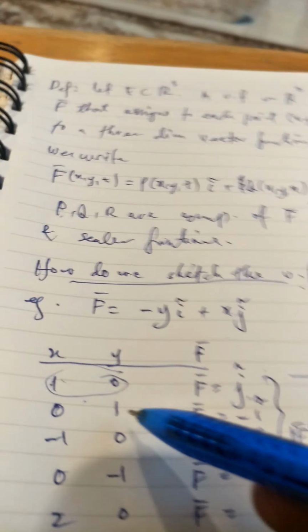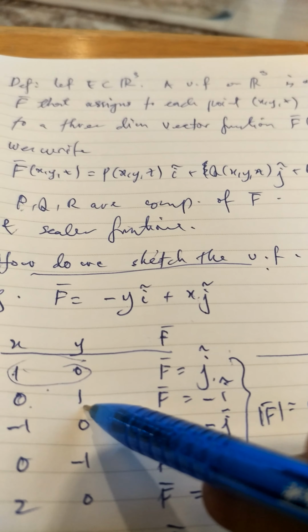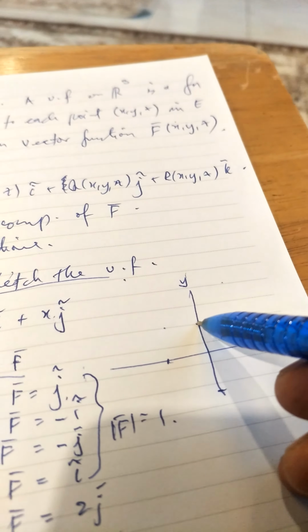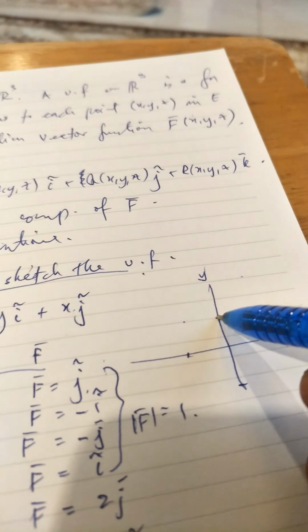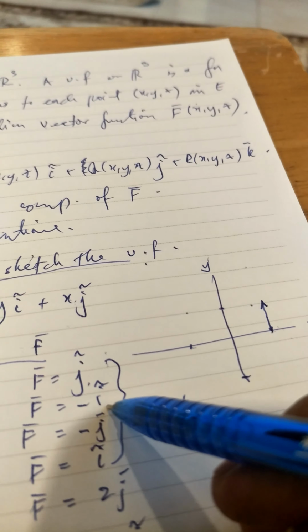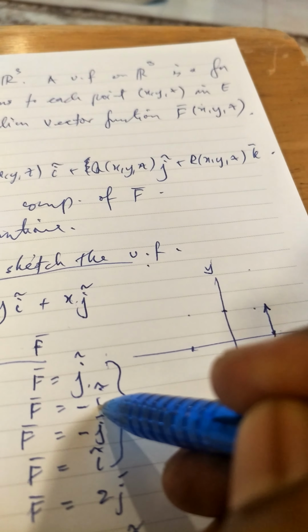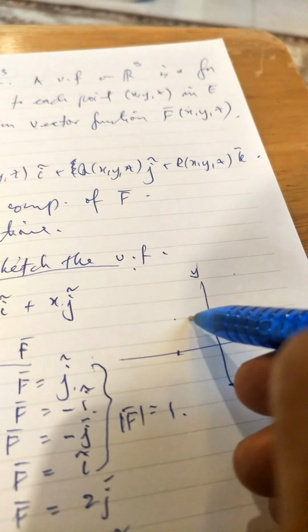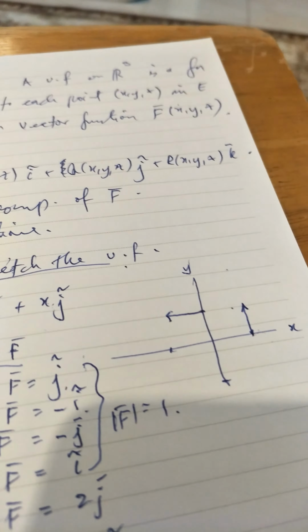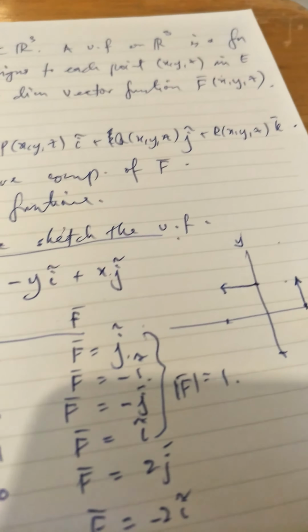Then the next point, (0, 1). Look at our function: this is negative i, so it goes to the negative side.